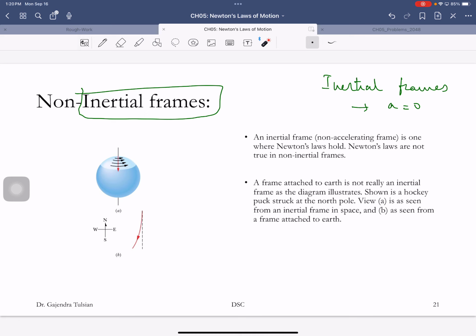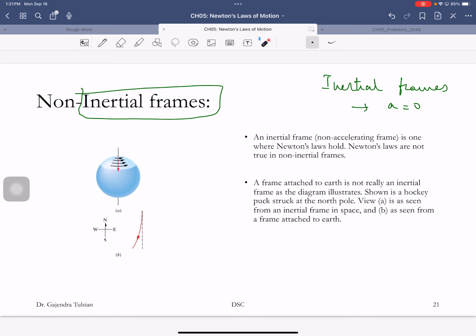There was no force on it. Newton's first law says it maintains its velocity, and Newton's first law works for you. Okay. If Santa Claus is observing this, what does he see? The Earth rotates, and what he sees is the puck is deflected like that. Okay? He hit it along the 0 longitude, but the puck has gone to negative longitudes.